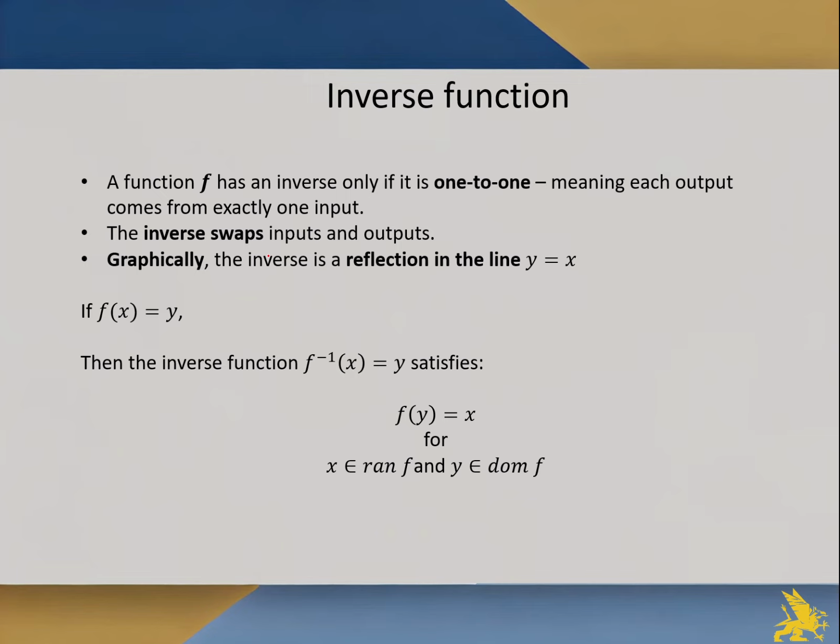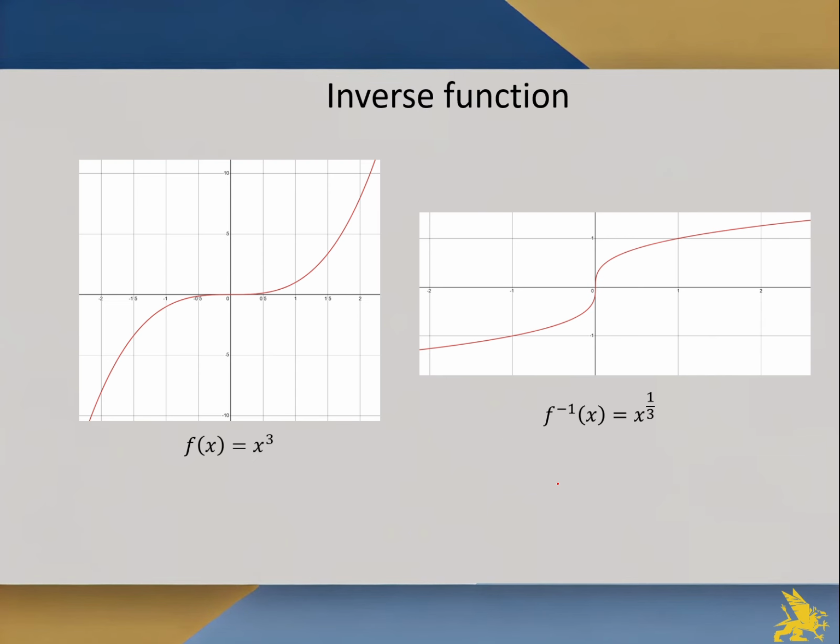So let's have a look at that. Now, before I do, just make sure that if we're switching them around, we know that our range and our domain are going to be switching. So straight away here, we can see at the moment our range is all real numbers. Our domain here is all real numbers. So it's not really affecting it at all in that regard. But what we can see is the inverse.